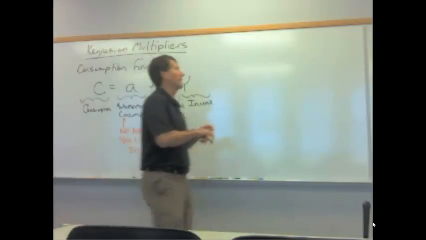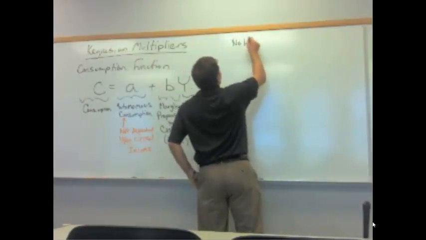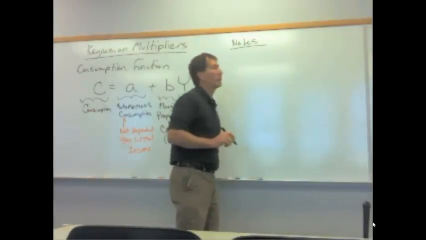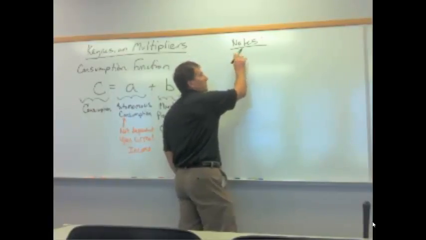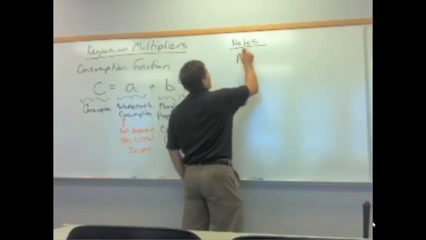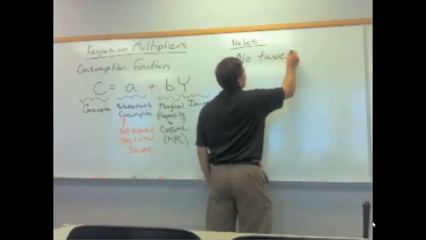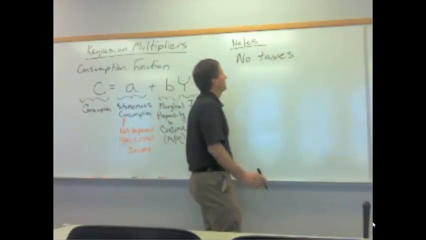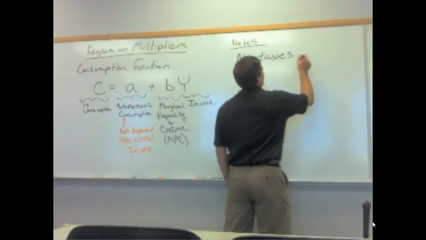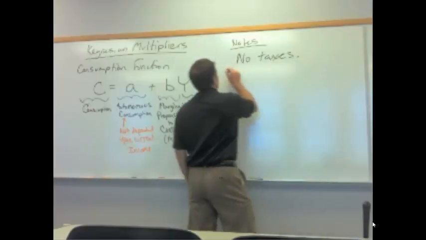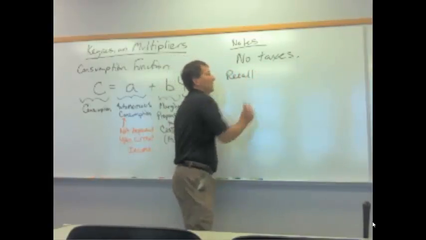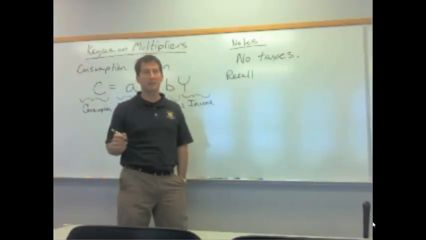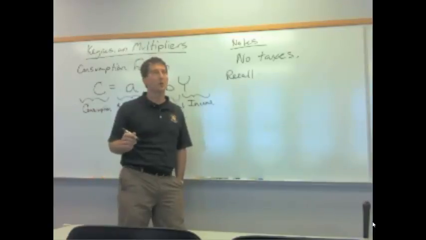So a couple simplifying notes for right now. We're going to keep things very simple as we build this, and we're going to say that there's no taxes yet. We're going to complicate it later, but no taxes. So recall, something we did last time was thought about our disposable income. What was that? Disposable income.